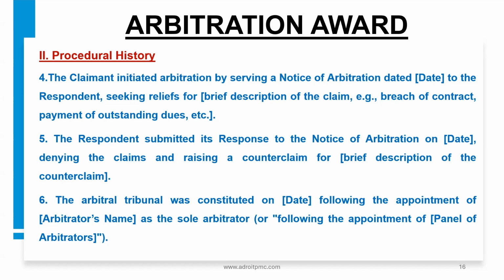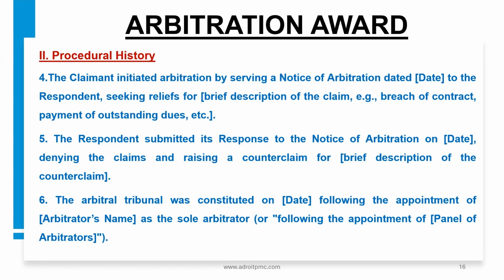So in the procedural history, the claimant initiated arbitration by serving a notice of arbitration. The date is mentioned here, and seeking relief for so and so. The respondent submitted its response to the notice of arbitration, and the arbitral tribunal was constituted on so and so date.